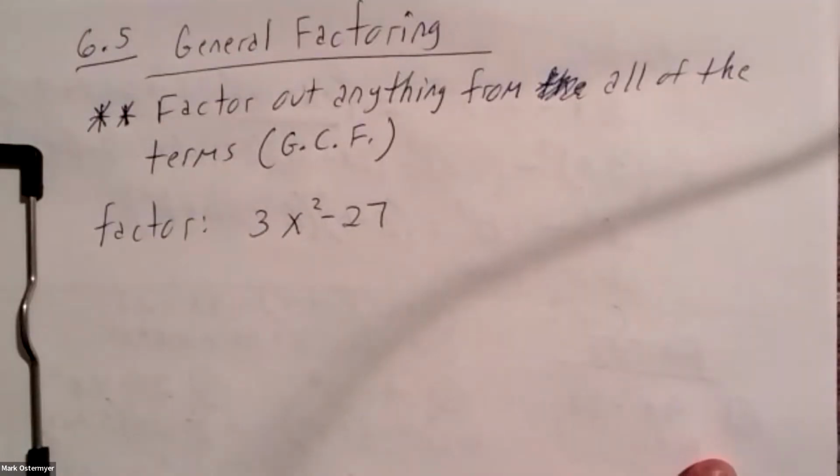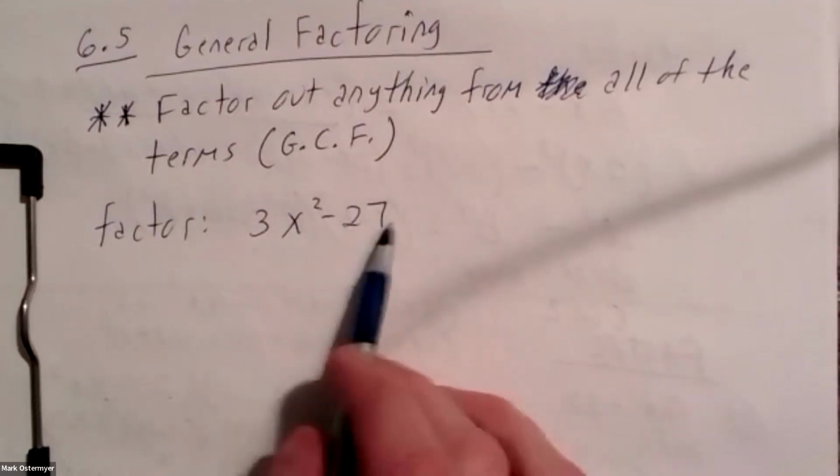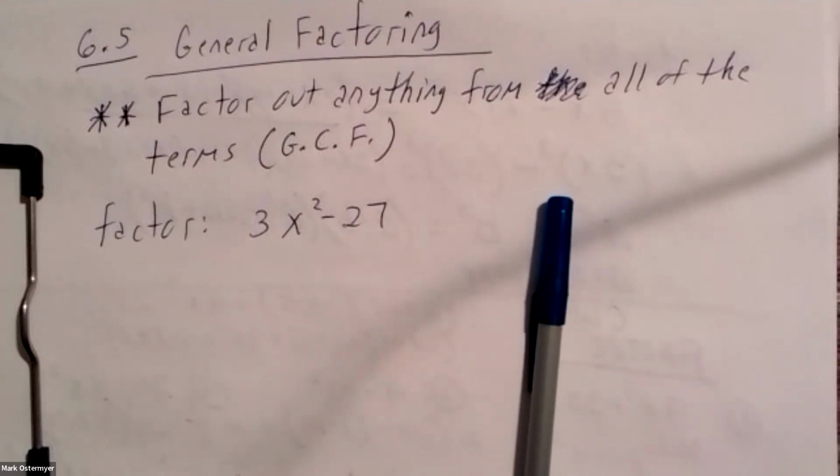First question we ask ourselves is what? What should I ask myself first as I'm staring at this binomial? The greatest common factor, and what would it be?